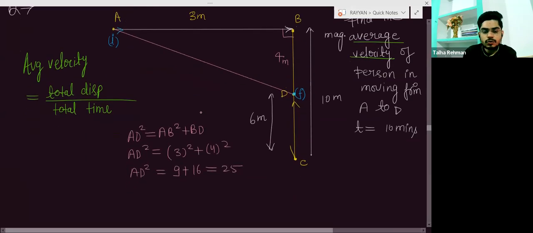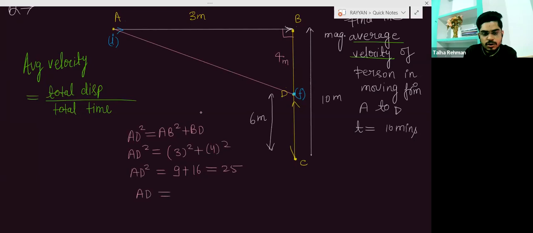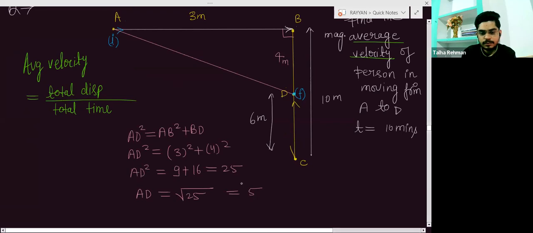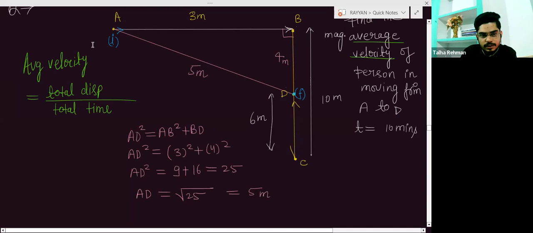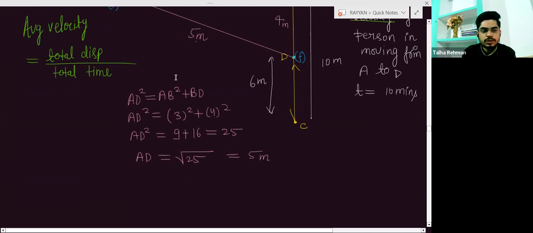So AD square is equal to 25. So AD is equal to the square root of 25, which is 5 meter. Means the total displacement you are getting is 5 meter.